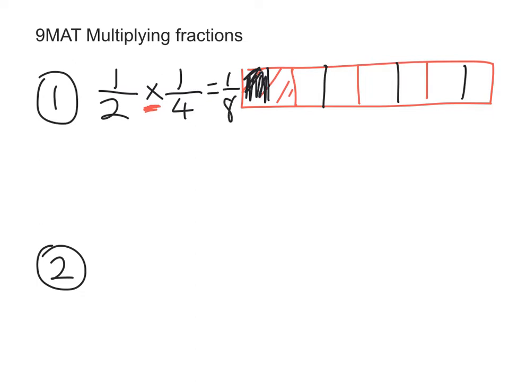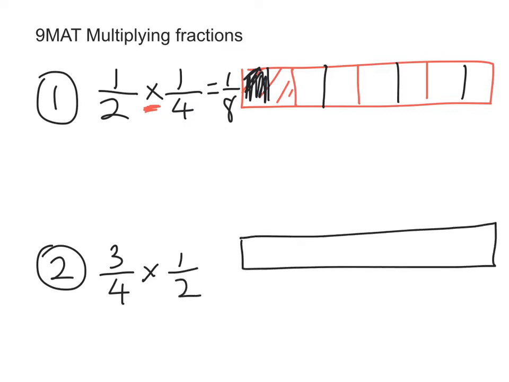Let's try another one and look for a pattern. Let's this time try and find 3/4 of 1/2. So here's my chocolate block broken into 2 pieces, right? So 1/2 is this piece here.